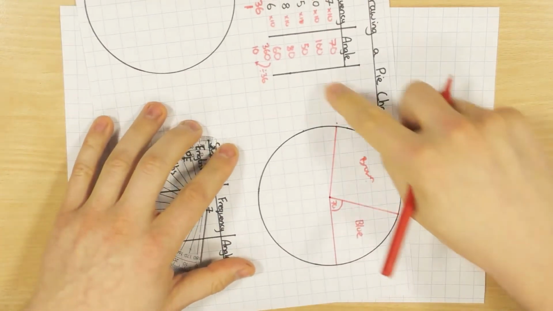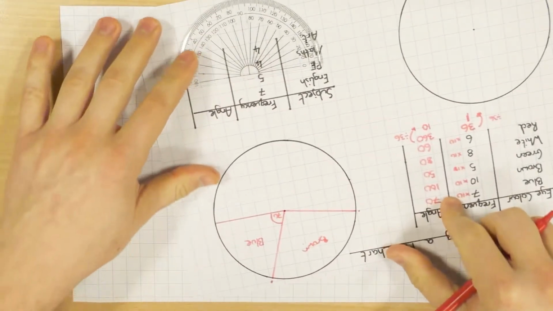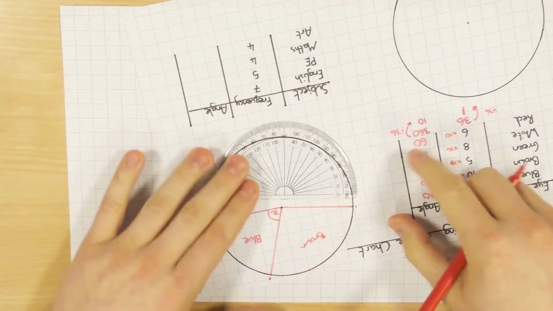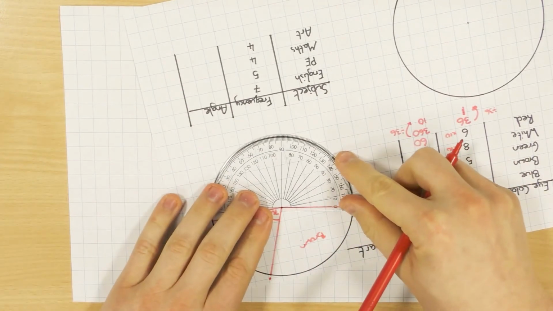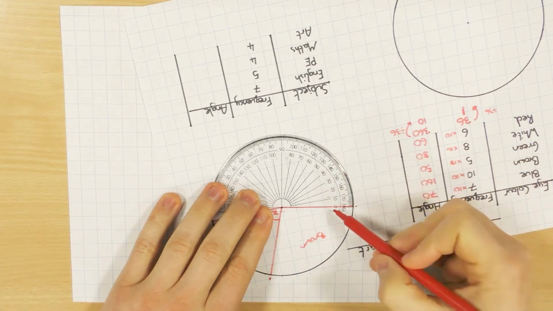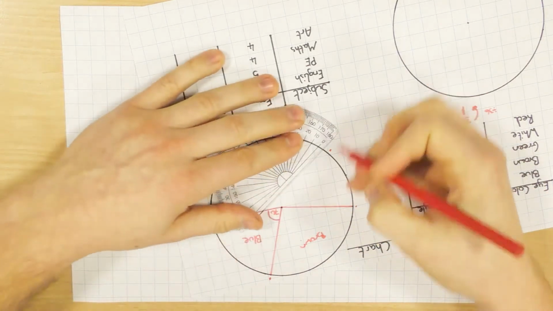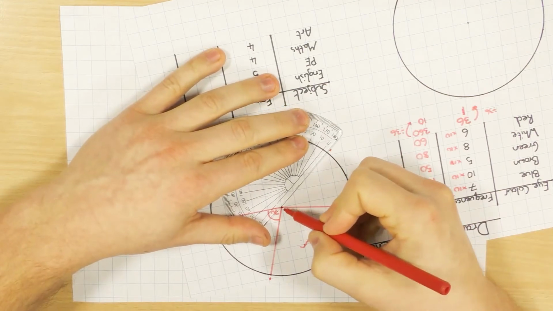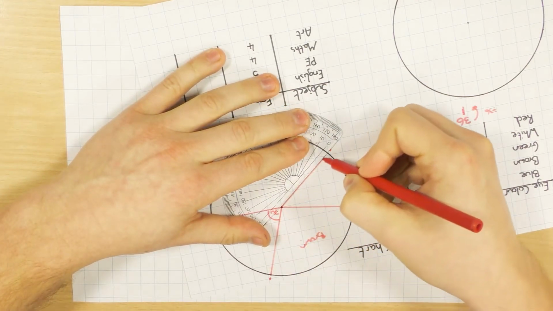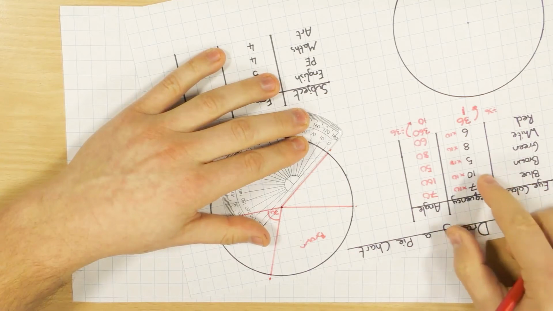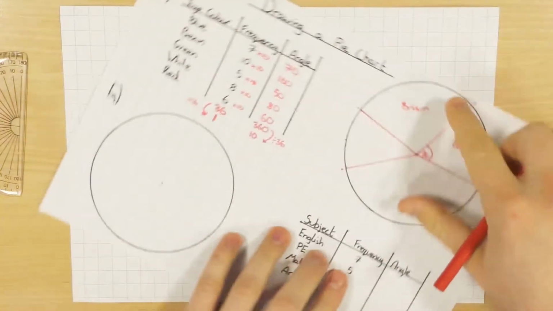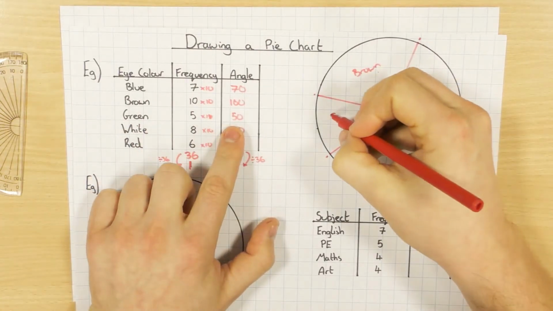Okay, keep rotating it round. The next angle is 50, so keep rotating it round until again it's now level with me. Also parallel with me, I should say. And again 0, and I was doing an angle of 50, so put a little mark, line it up, and that was, which one was that? That was green.